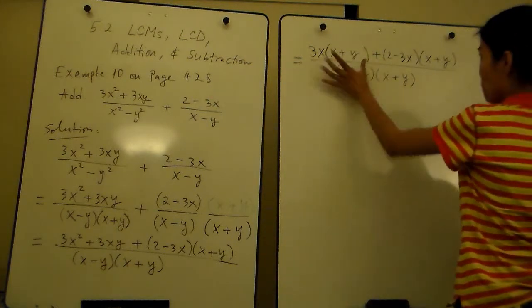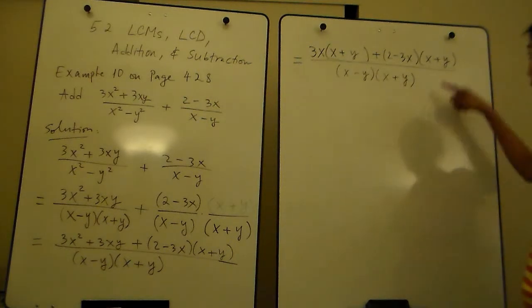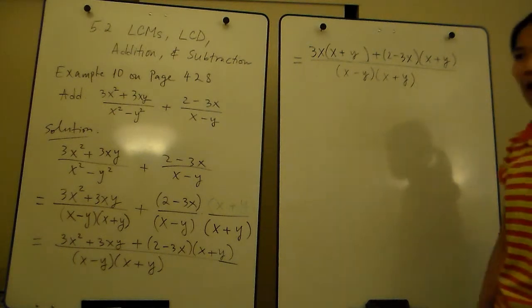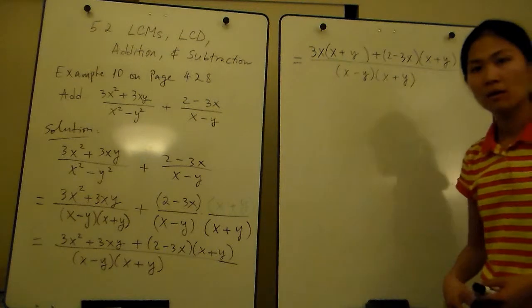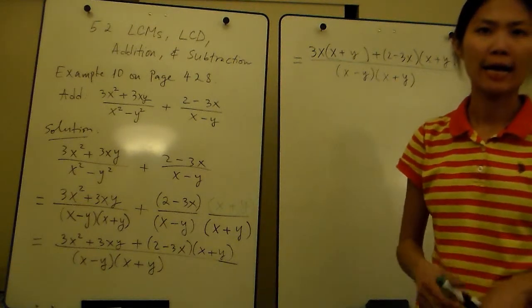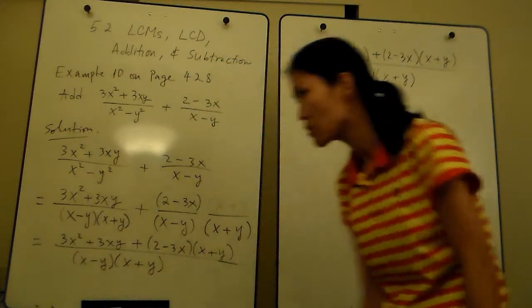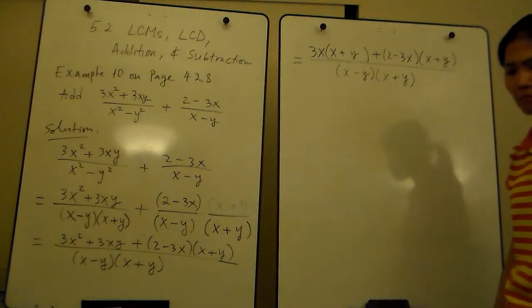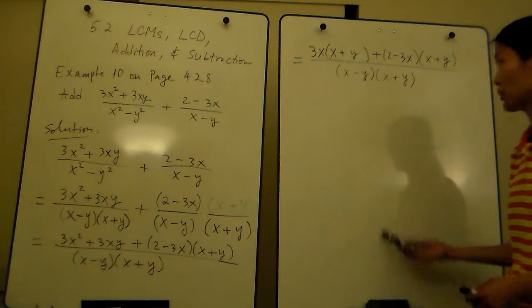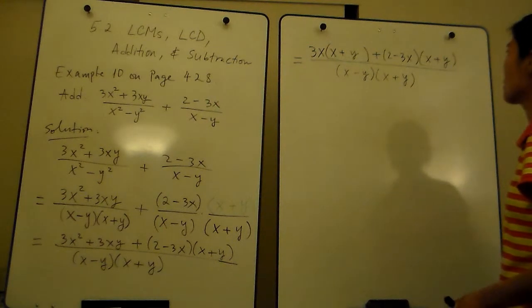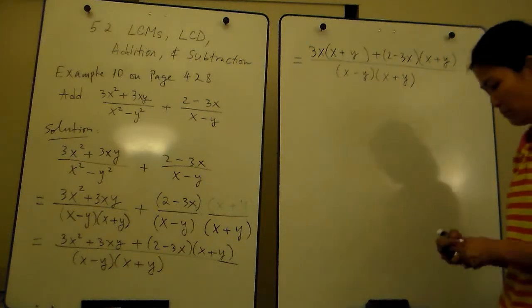So this first term and this second term have x plus y as the common factor. I know that I can factor out x plus y. That's also the reason why I combined these two terms, so that I can find the common factor to both of these two terms.